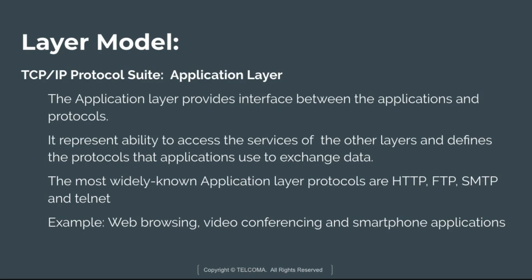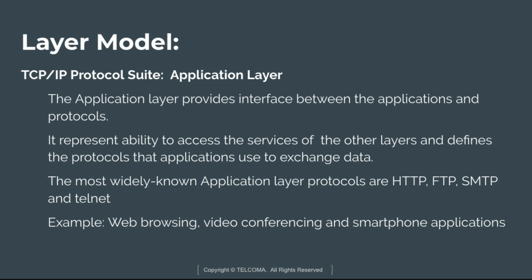Starting with the very first layer, the application layer. The application layer provides an interface between the application and the protocol. It represents the ability to access the services of other layers, as well as defining the protocols that applications use to exchange data. The most widely known application layer protocols are HTTP, FTP, SMTP and Telnet.